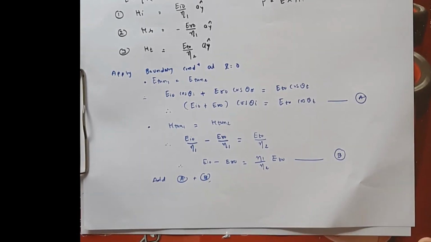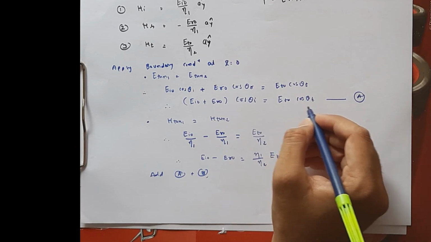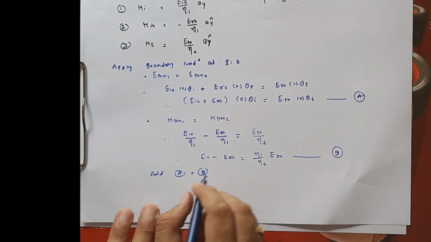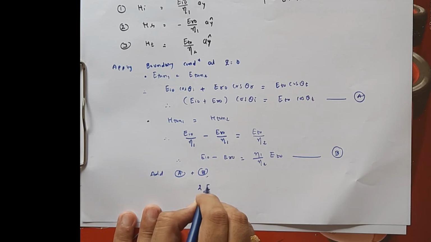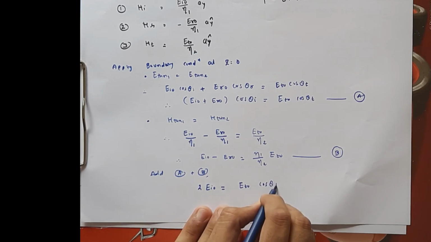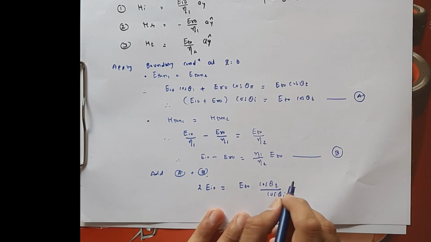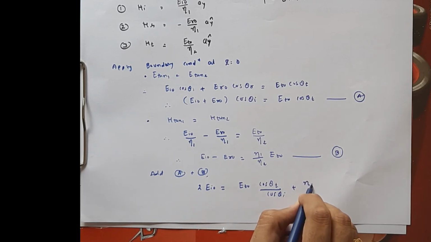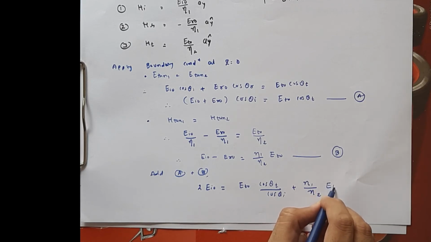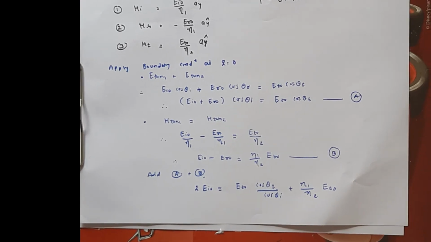Okay, so if I do the addition, cos theta I, so if we do the addition, this gives 2 EIO is equal to ETO cos theta t divided by cos theta I plus the intrinsic impedance of the first medium by the intrinsic impedance of the second medium into ETO. You can write it this way. Clear?